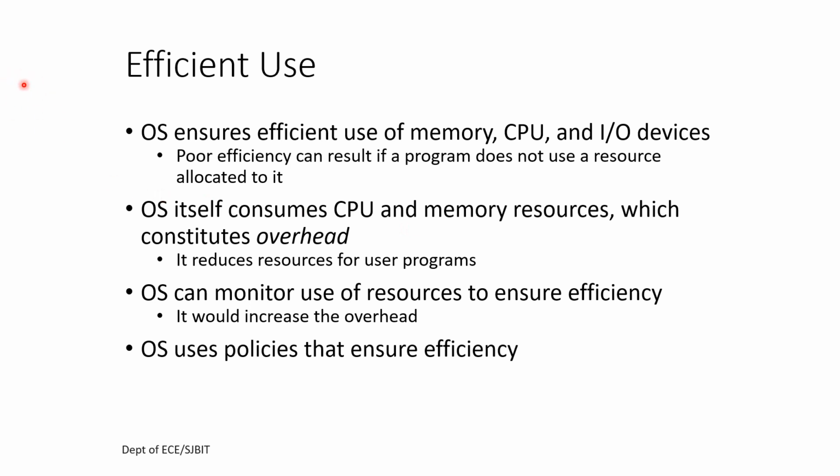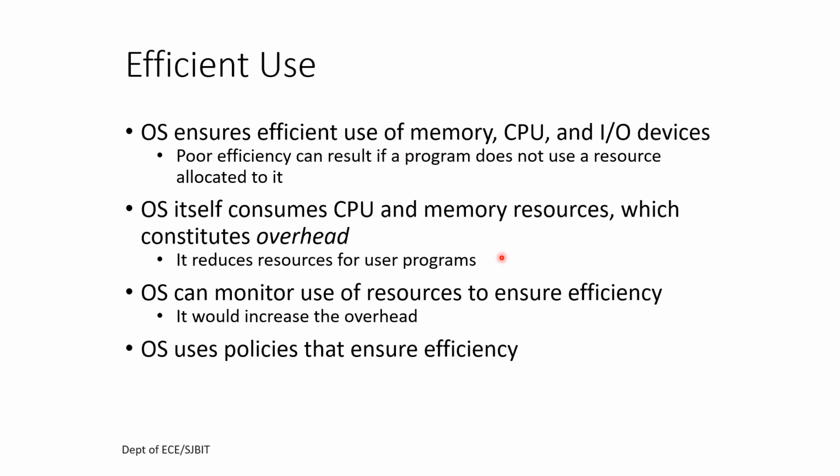In addition, the OS itself consumes some of the CPU and memory resources during its own operation, and its consumption of the resources constitutes an overhead that also reduces the resources available to the user programs.